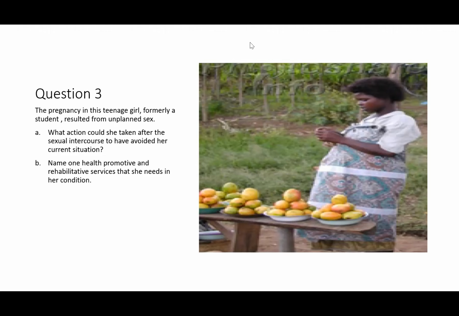Now, the first question is what could she have taken after sex? There is what is called emergency contraception.